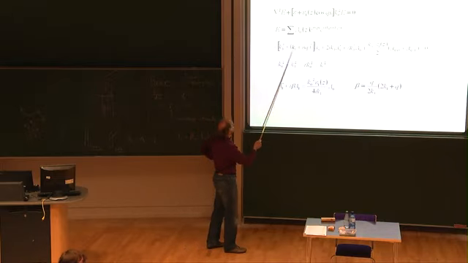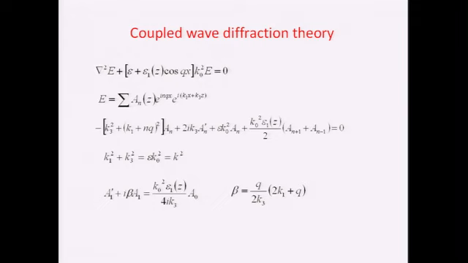Now, the way to analyze this is to decompose the electric field into Fourier components parallel to the sample direction, meaning along the modulation direction. And of course, these amplitudes have some z dependence, a dependence on the thickness of the sample, times some plane wave phase function. Now you plug that into the wave equation, and you arrive at a recurrence relation for the amplitudes.